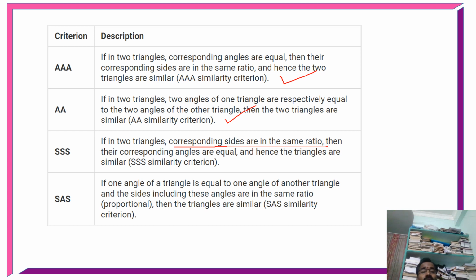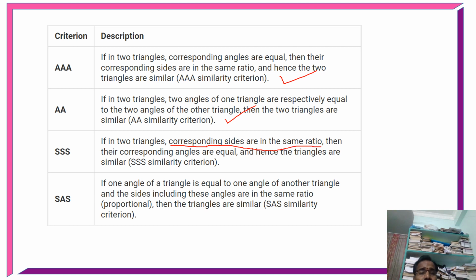Please keep in mind: if three sides of a triangle are proportional to the three corresponding sides of another triangle, by the triple S criteria, they are similar to each other. Just as we use CPCT, corresponding parts of congruent triangles, here we use corresponding sides of similar triangles.